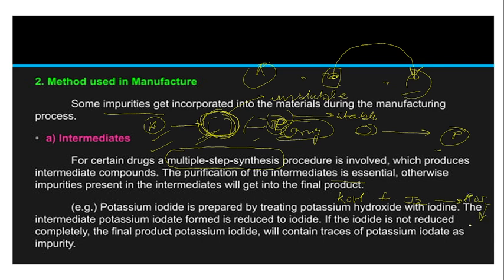And now if we reduce it, then we get the iodine. So if it is not reduced completely, the final product potassium iodide will contain traces of the intermediate as impurity. Exactly, if the intermediate is not purified properly, then its traces also show in the final product. So if we need the final product to be pure, then we need to purify the intermediate. This is the very first basic method used in the manufacturing.